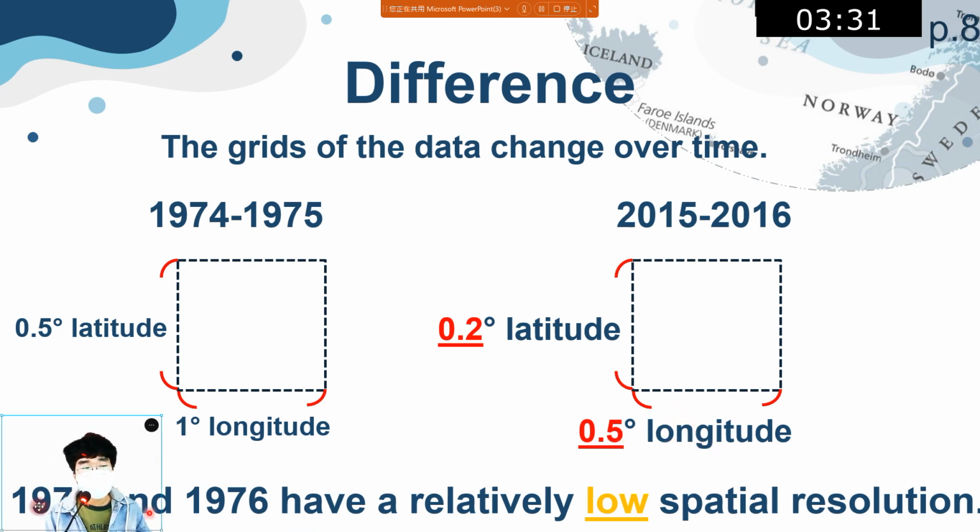So in 1974 and 1975, we have low spatial resolution, and in 2015 and 2016, we have higher resolution, so we can see the data more clearly.